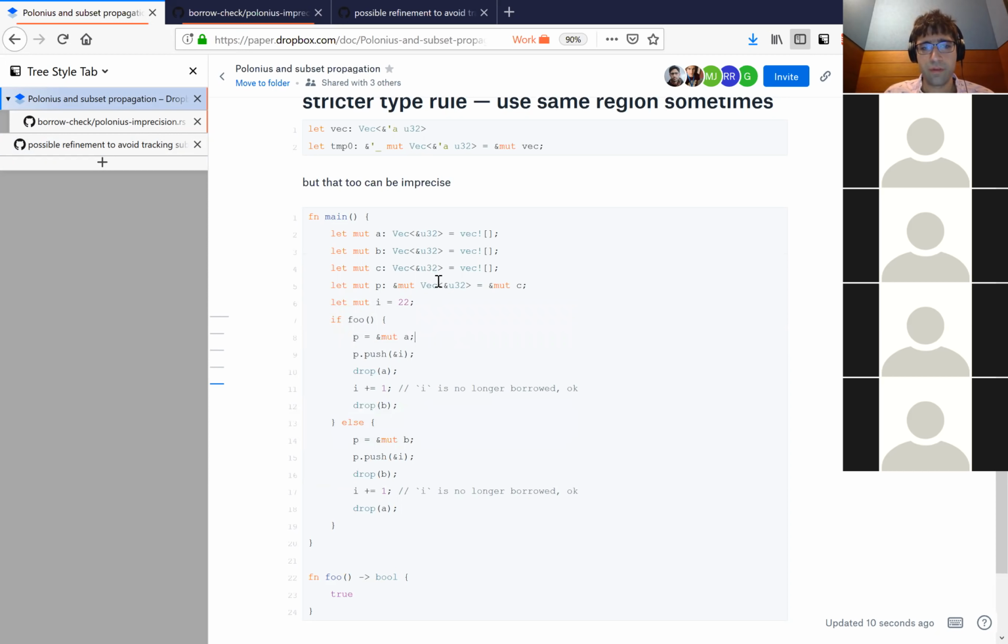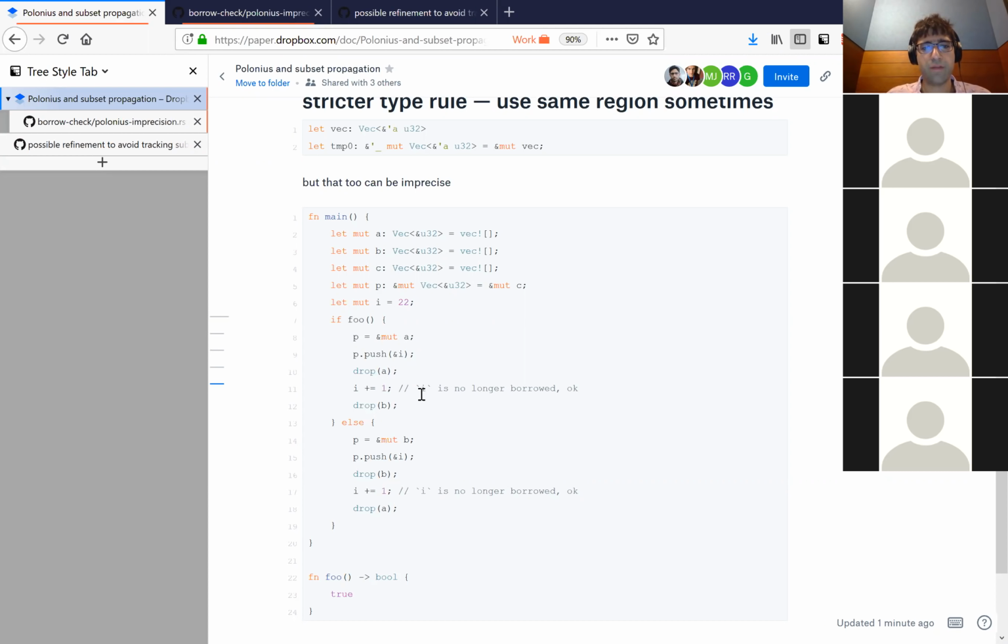So here we have that P has to equal the type of this has to equal A, and here we have that it has to equal B. And because equality is, if we say that that's just true across the entire graph, because equality is transitive, that means that A and B also have to be equal, which means we've lost track of the fact that these are two different vectors, essentially. So now if I push into one of them, like A, and then I drop the B, or if I push into A, I'll also assume that that region lives in B. And so I get an error on one of these two lines, or both, I guess, actually.